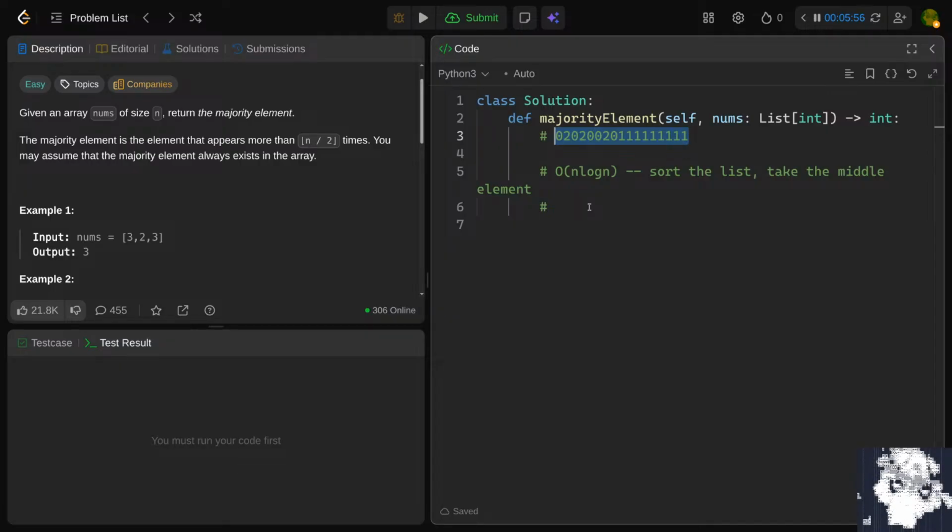In this case, we don't have a bound on the size of the numbers, but we do know that most of the numbers will be in the same bucket. I don't think that helps us though.